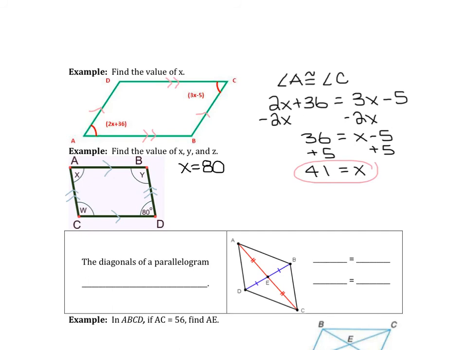The other property that we know is that the consecutive angles are supplementary, meaning angle B and angle D add up to 180. So Y is 180 minus 80. Angle Y is 100. Then, since Y and W are opposite angles in a parallelogram, they are congruent. So angle W is also 100 degrees.